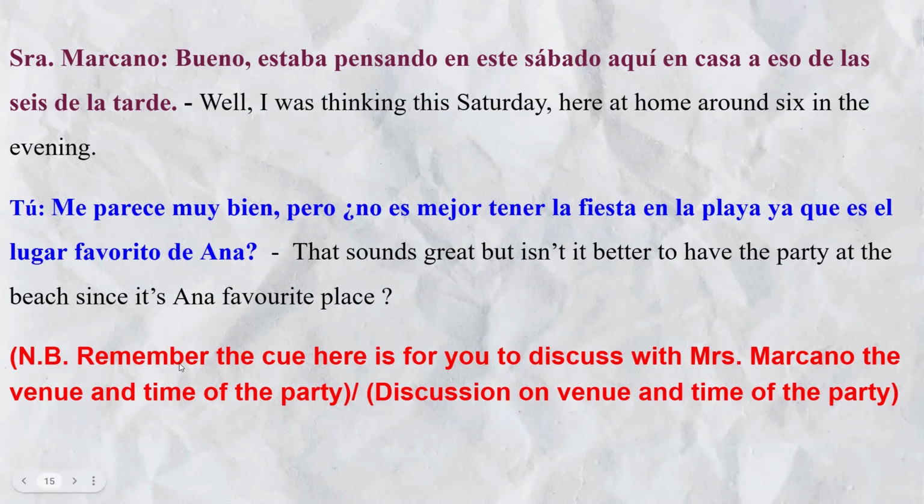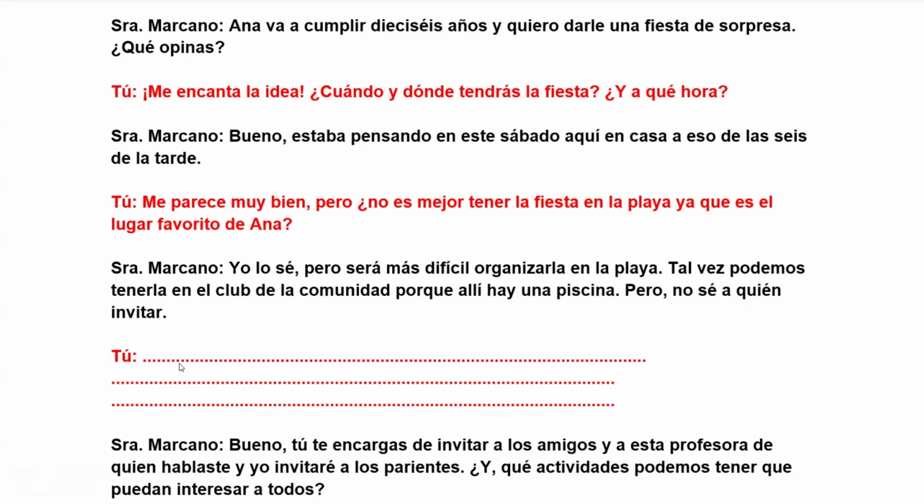Now, remember, when you give your responses, you want to read again what is written above. You want to read your response and you want to read what is below your response to make sure that it fits perfectly within the context of the dialogue, okay? Here, Señora Marcano says, "Bueno, estaba pensando en este sábado aquí en casa a eso de las 6 de la tarde."